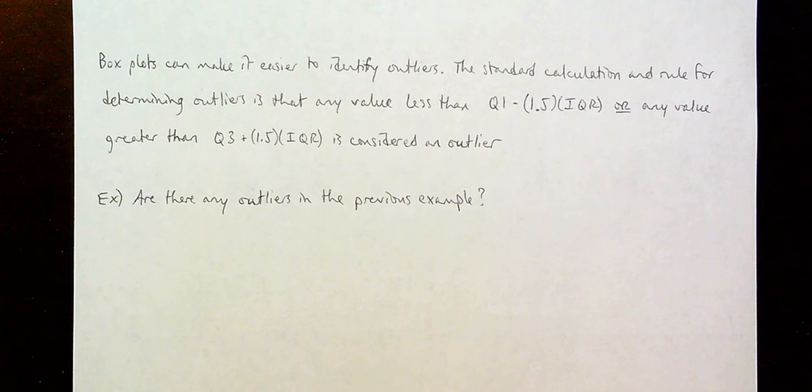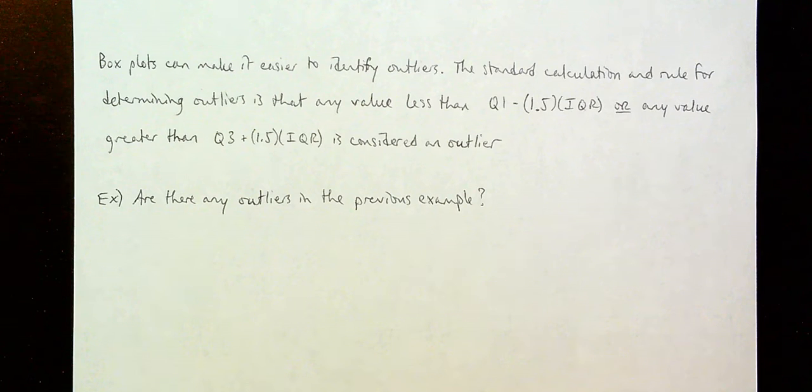Outliers are values that are significantly different from the core range, if you will, the more grouped together pieces of data. And we have a standard rule and a standard calculation to figure out if you have any outliers in your set of data.